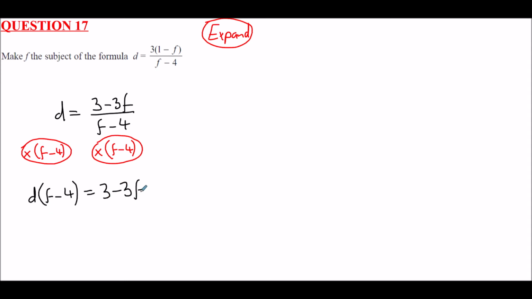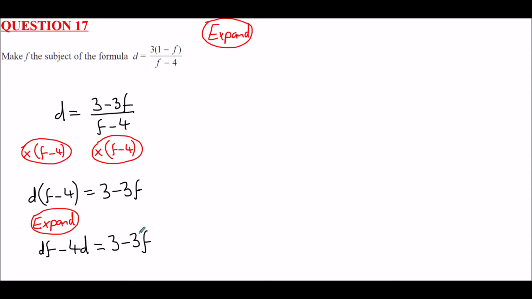Again though, we've got F's on both sides of the equation, and one of these F's is tied up in a bracket. So what we need to do first of all, I'd suggest, would be to expand on this side. So if we expand these brackets, what we'll get is D times F, which is DF, D times minus 4, which gives us minus 4D, equals 3 minus 3F.